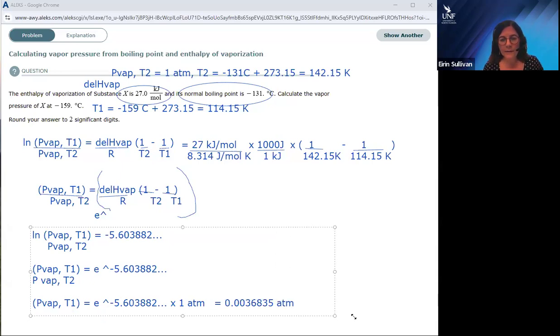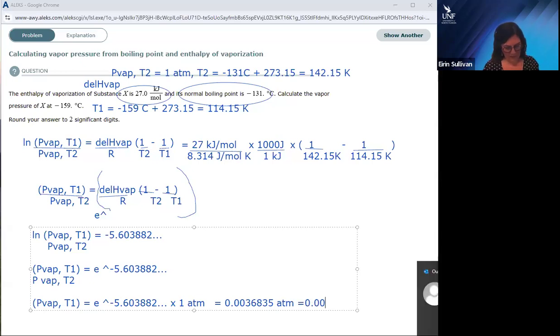Looking at sig figs, we've got 3 sig figs in the question, but then the question actually told us to round the answer to 2 sig figs. So for 2 sig figs, we look at the 8, that is 5 or above, so we're going to round up. 0.0037 atmospheres to 2 sig figs, like so.